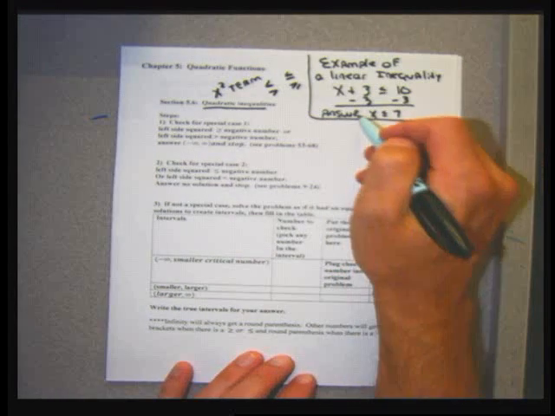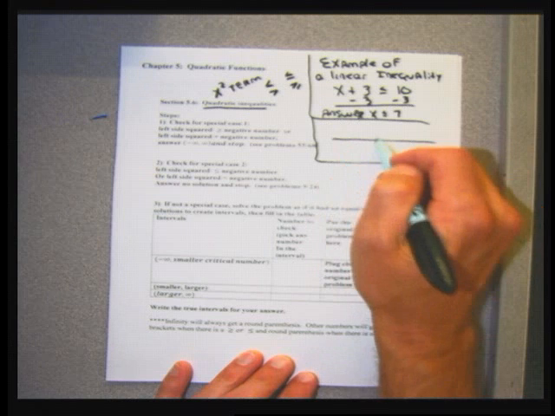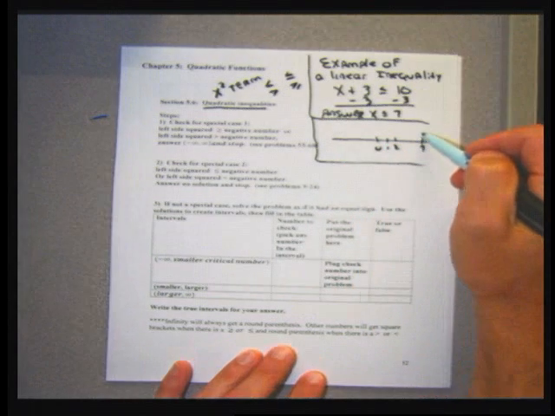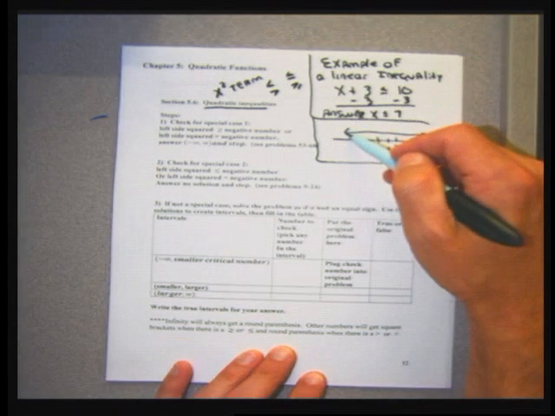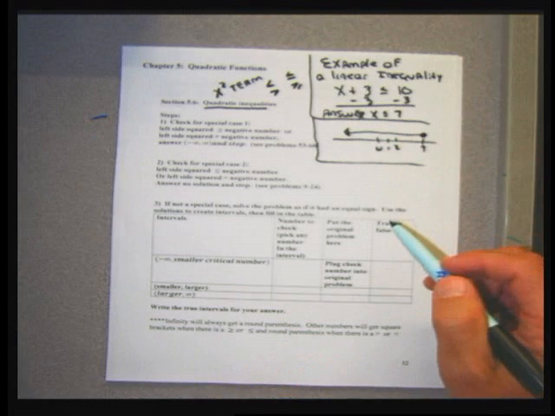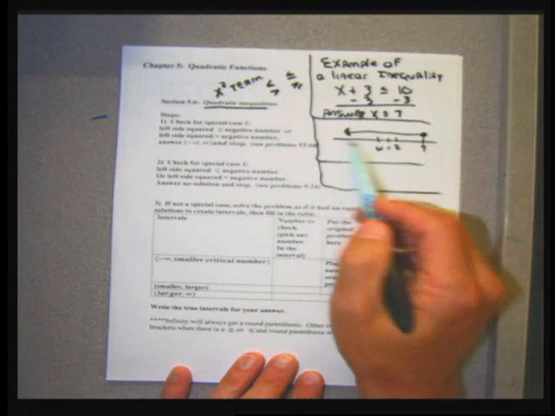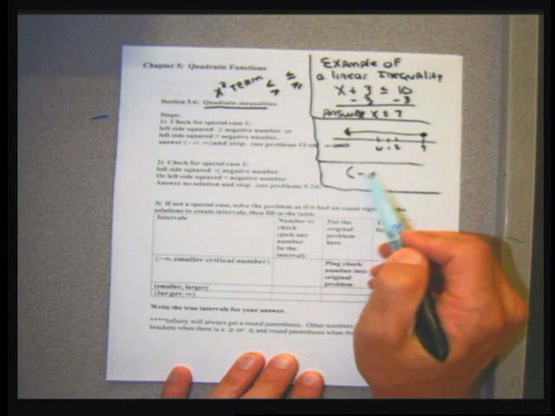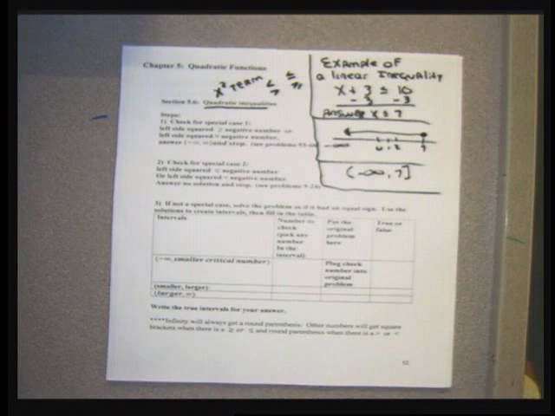You might have plotted your answer on a number line, putting a solid circle or square bracket on the 7 and drawing a line off to the left, because less than on a number line is left. Or you might have written an answer in interval notation. On this number line, its far left edge is negative infinity and its far right edge is positive infinity, so as an interval, the answer will be negative infinity to 7. All those things you've done before, hopefully.